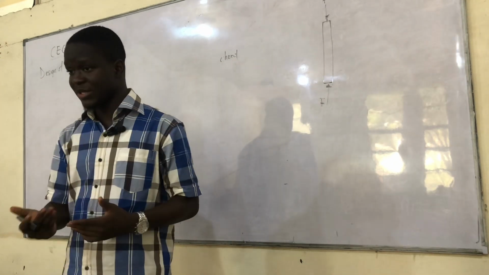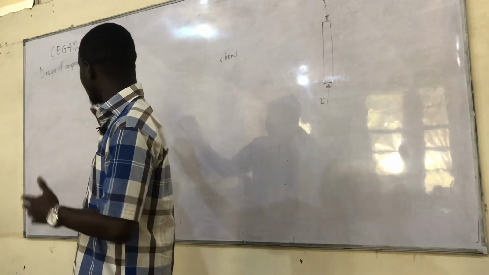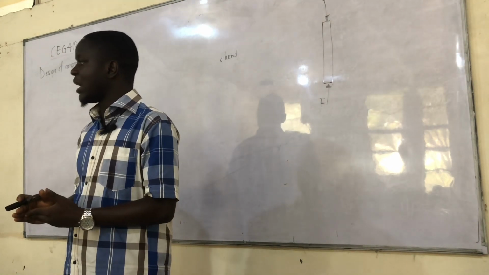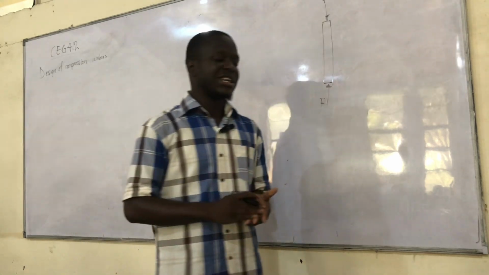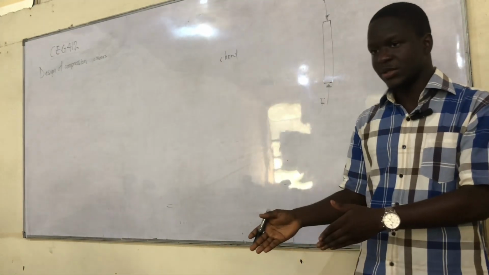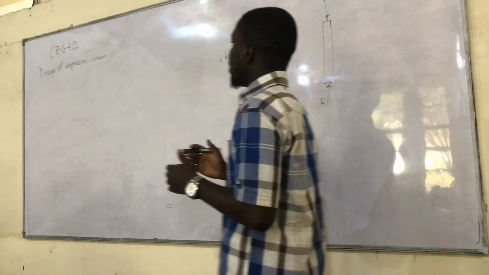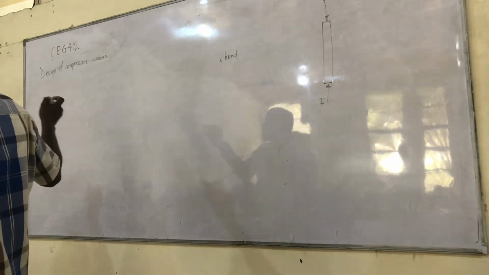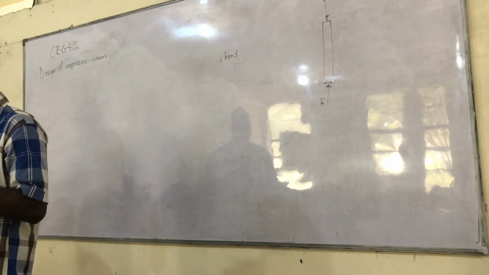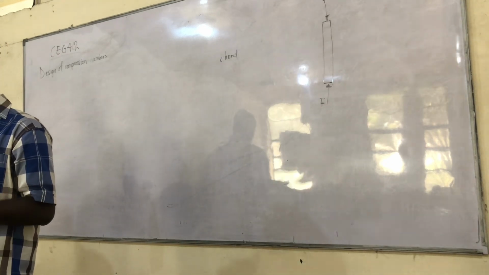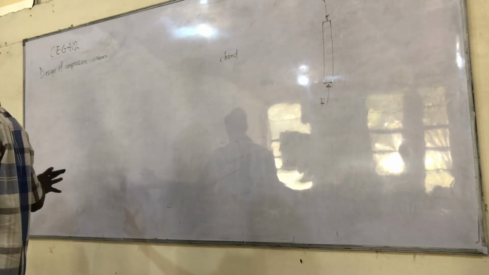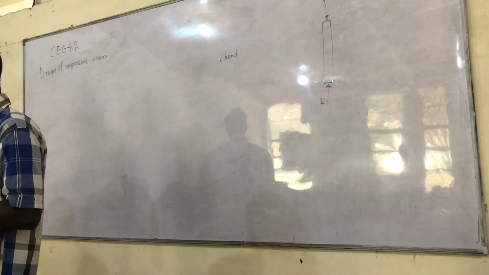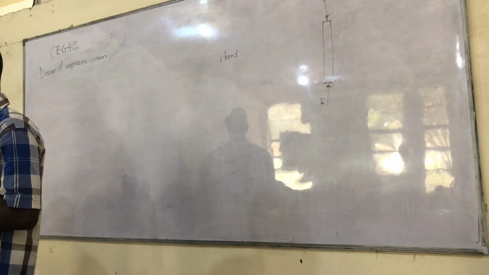There are two ways your question can come out under this design of compression members. I'll treat it step by step because there are steps. For axially loaded members, you have 12 steps to solve, while for the one with bending, I think you have about 16 or 17 steps to solve. Are you with me? All right, good.